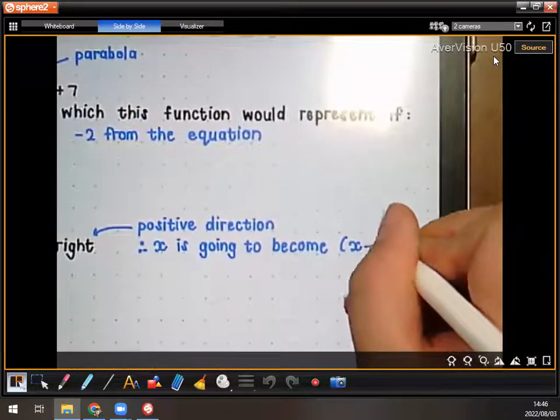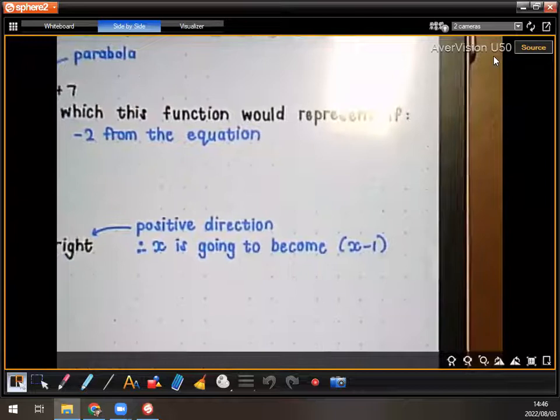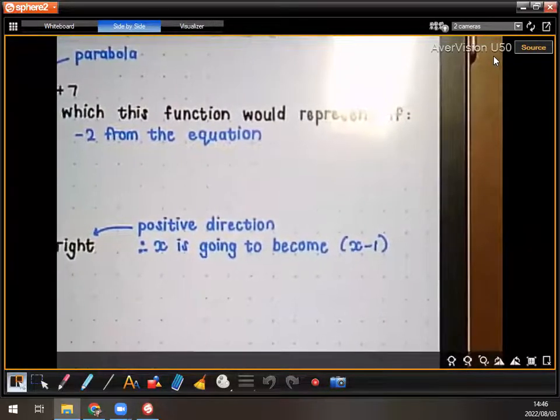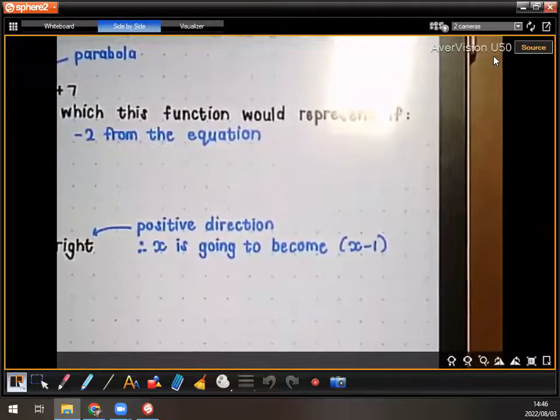Okay. Just like with trig graphs, whenever we move 30 degrees to the right, we put in our bracket x minus 30. And it's the exact same concept here. We are moving the whole graph 1 unit to the right. So wherever we have x in our equation, we're going to change that now to x minus 1.